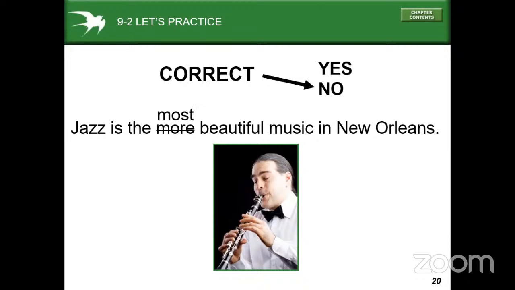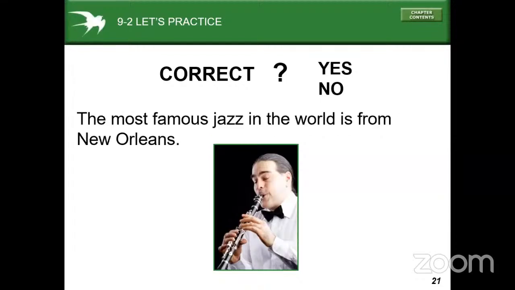No, right? Because the most. When we have the, remember we have to use most. When we have more beautiful than or something like that, in that case, of course, it's different. But over here we don't have than, we have the. That's why we have to use a superlative form of the sentence.